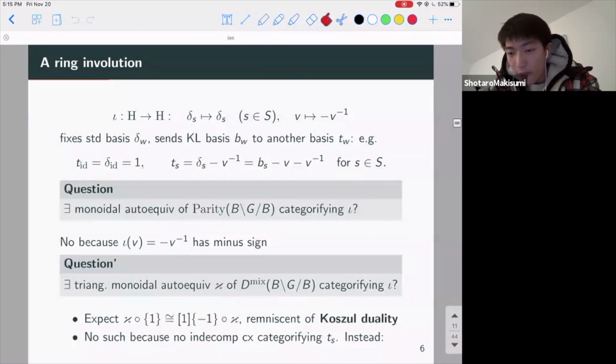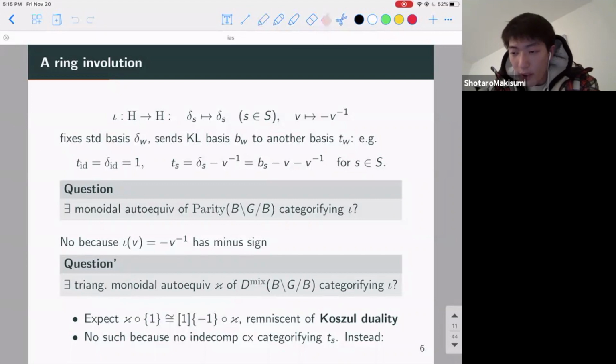Okay. So a natural question is, is it possible to lift this to the categorical level? Can you, in other words, find some monoidal autoequivalence of the Hecke category that categorifies this iota, this ring involution?